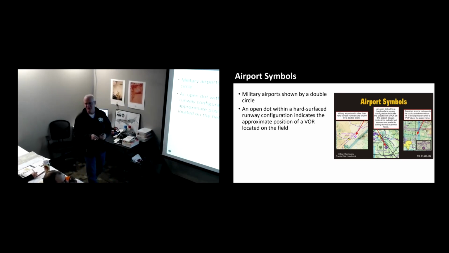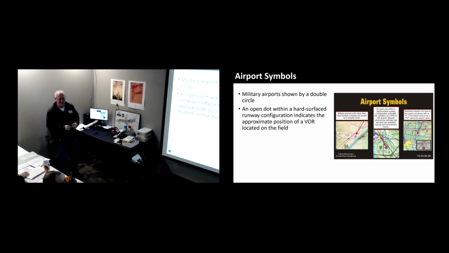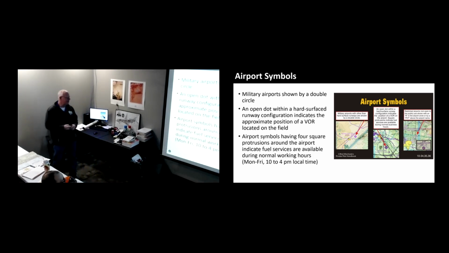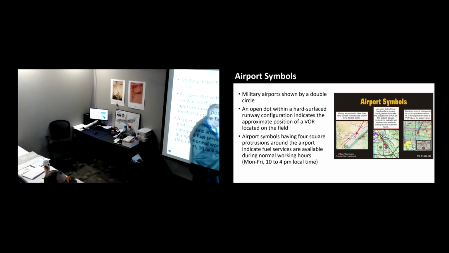Okay, VORs are ground reference or ground-based navigation facilities, so we'll talk about them. But if you see a dot, that means there is a navigational facility with a VOR tower or signal at that airport.